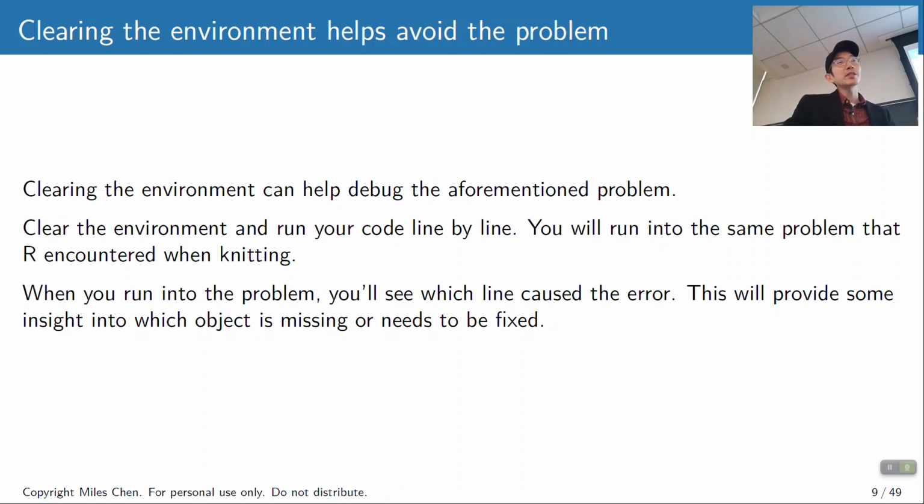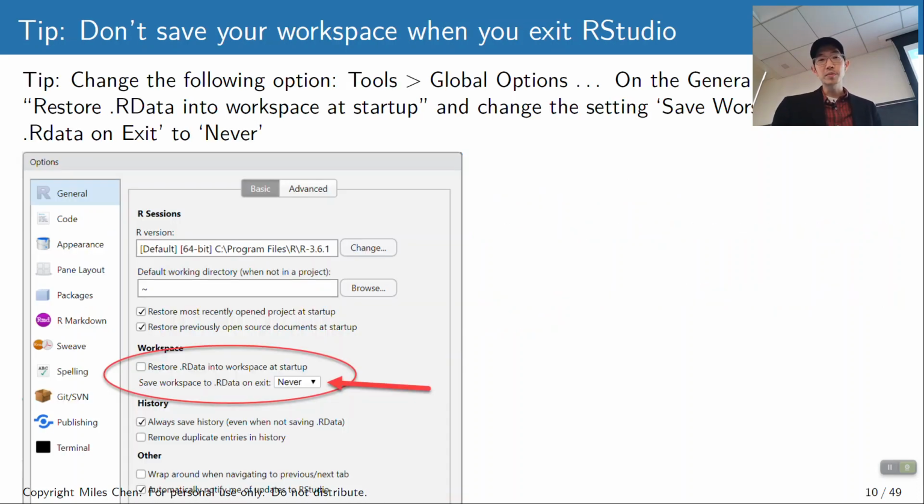Unless I explicitly save objects and also transport those objects to your computer as well, right? And so if you do need to load up data, those need to be explicitly called. So the idea with knitting is that it's always going to start off with an empty environment, so that if somebody wanted to reproduce your results, they can do it on their machine.